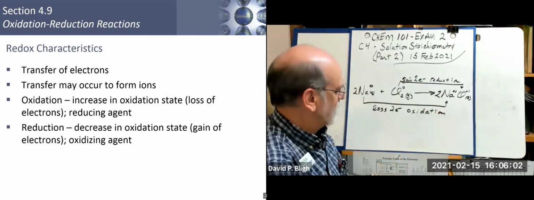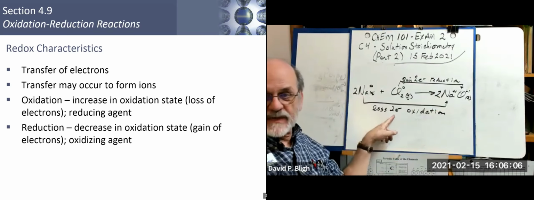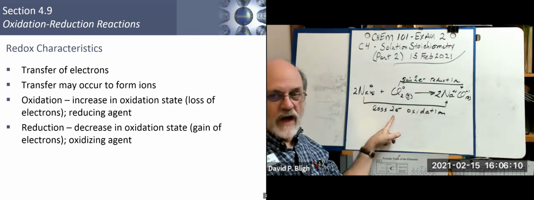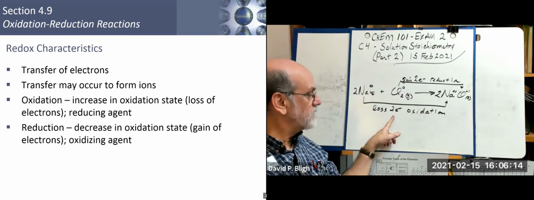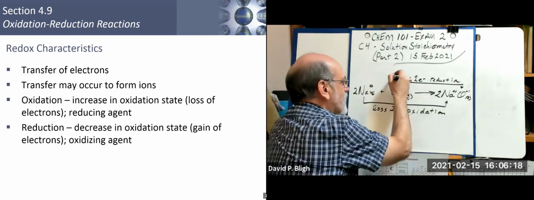Okay, so for this to be oxidized, it must be exposed to an oxidizing agent, something that draws the electron away from it. This is the oxidizing agent.